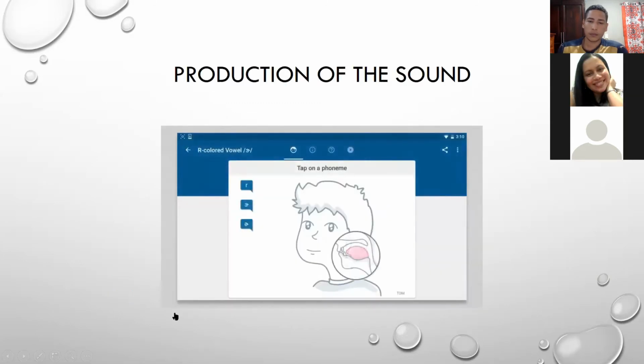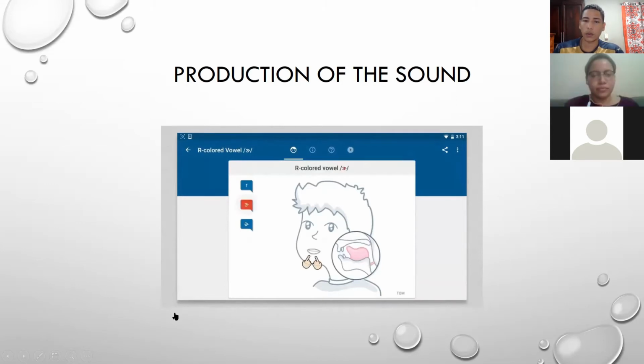Pronunciation of the R-colored vowel is very similar to the R consonant. To make the sound, open your mouth a little and leave your lips neutral or round them slightly.